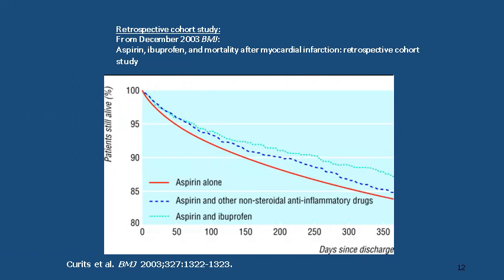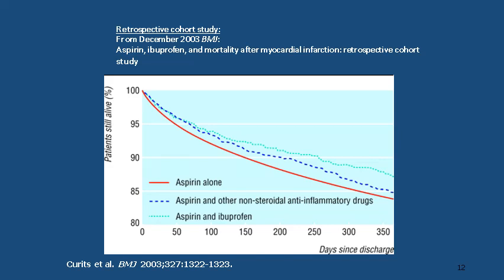Another retrospective cohort study was done to know the effectiveness of aspirin, ibuprofen, and mortality after myocardial infarction. One group was getting aspirin alone, one group was getting aspirin and other non-steroidal anti-inflammatory drugs, and one group was getting aspirin and ibuprofen.